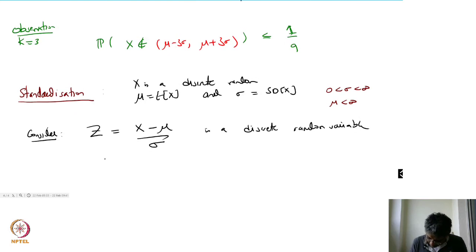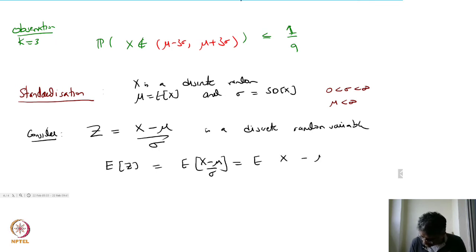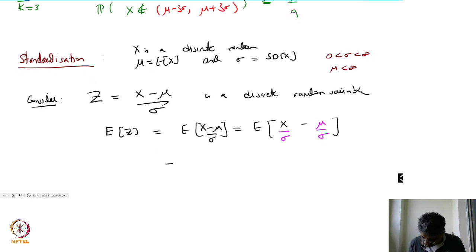And then if I look at E of z, what's E of z going to be? E of z is E of x minus mu by sigma. That's the same as E of x by sigma minus mu by sigma. Now by linearity of expectation, that's 1 over sigma times E of x, minus mu over sigma.